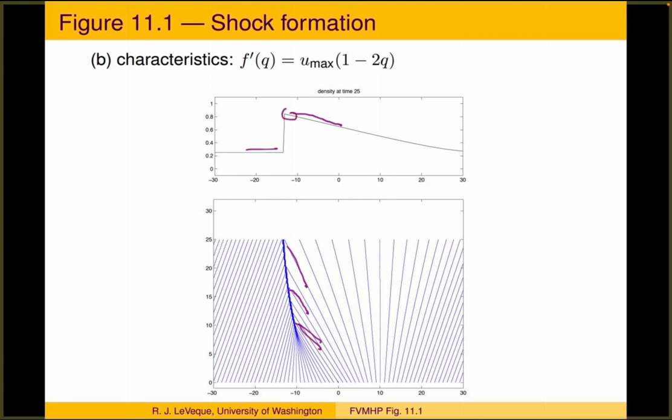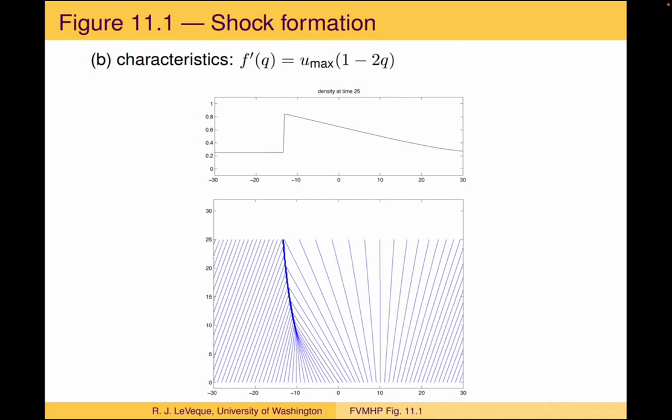And so the value just to the right of the shock wave is decreasing as time goes by, and therefore the strength of the shock is decreasing, and the speed at which it's traveling also decreases. So the path that the shock follows is not a straight line. It's curved because at each instant in time, its speed has to satisfy the Rankine-Hugoniot condition based on the values just to the left and just to the right of the curve at that particular time.